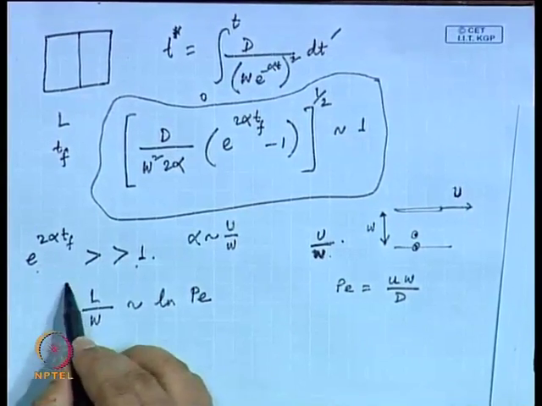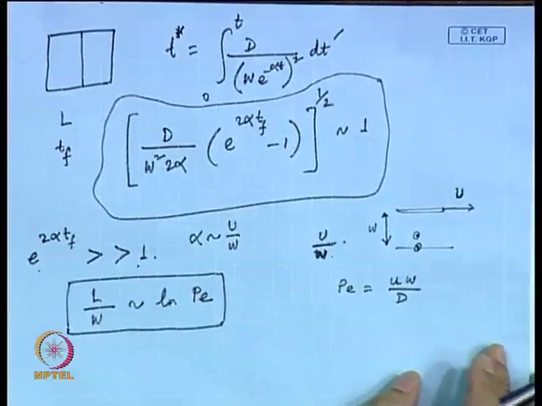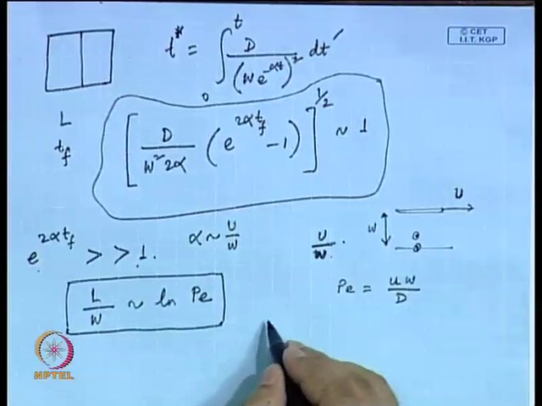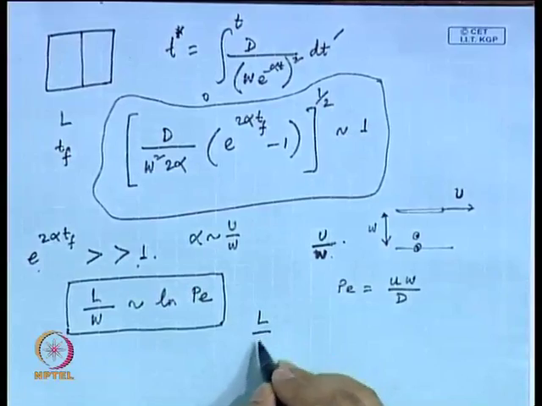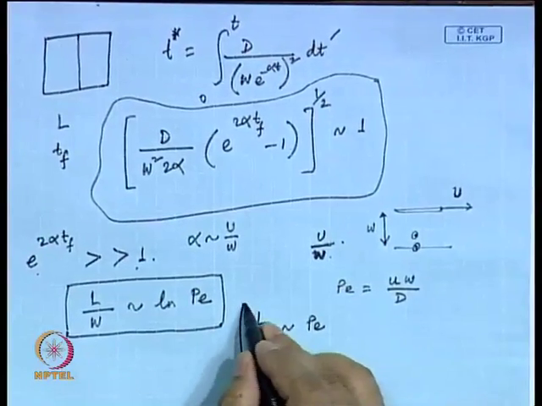So, this is one of the outcomes of this stretching function. If you would have continued with a linear stretching, you would have ended up with L by W scaling to Peclet number, just Peclet number.